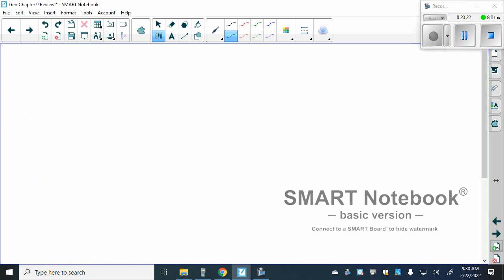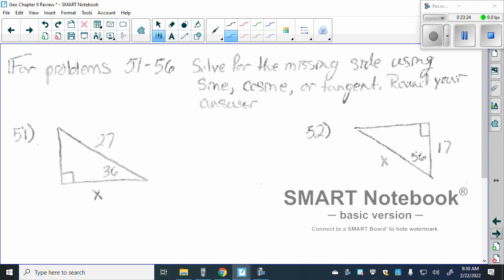Now, 51 through 56, we're using sine, cosine, and tangent. Sine of an angle is equal to opposite over the hypotenuse.